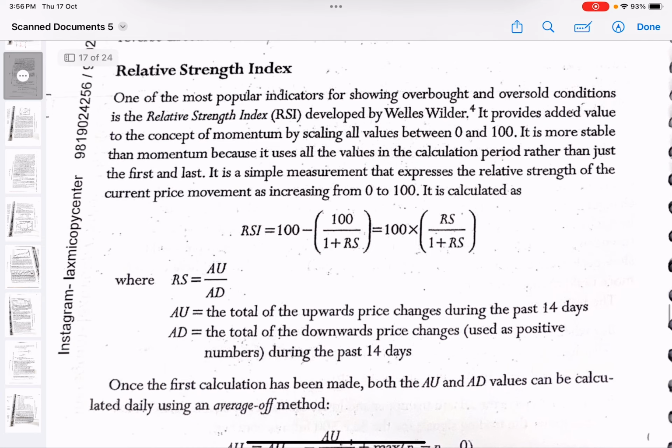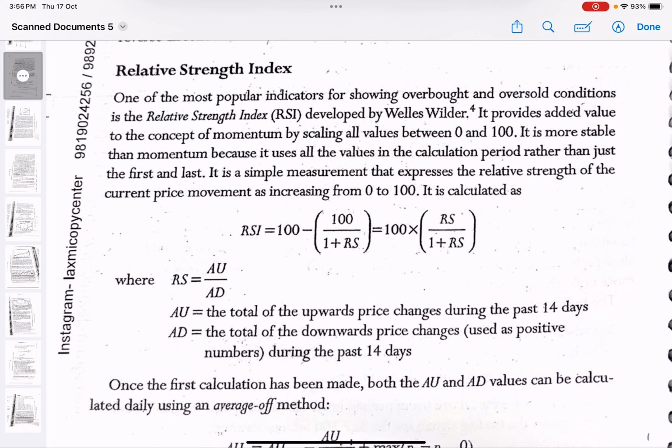Okay. So the first oscillator which we'll study in detail is the RSI, which is the Relative Strength Index. Overbought, oversold, we have discussed briefly earlier, but we'll see that in more detail now. The RSI was developed by Wells Wilder. It provides added value to the concept of momentum by scaling all values between 0 and 100.